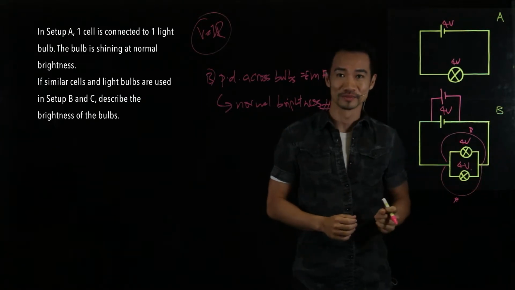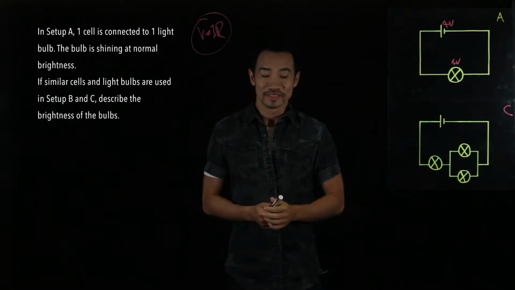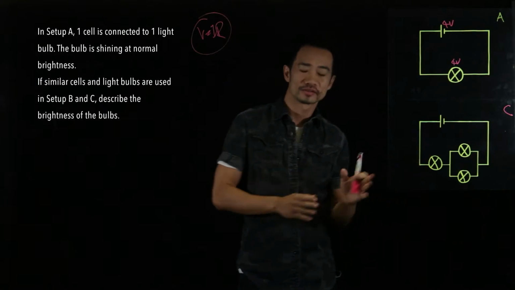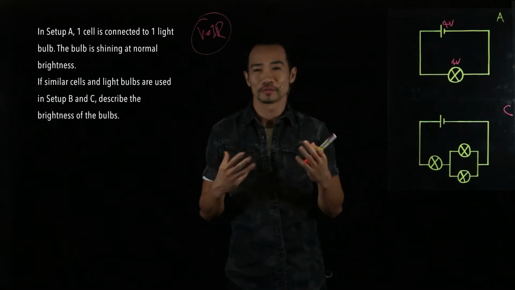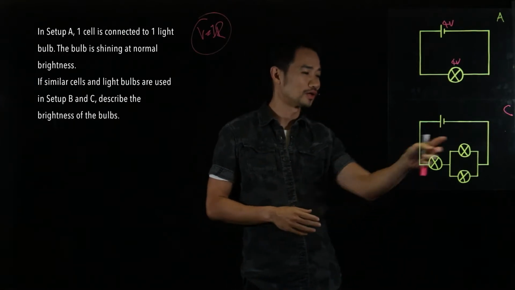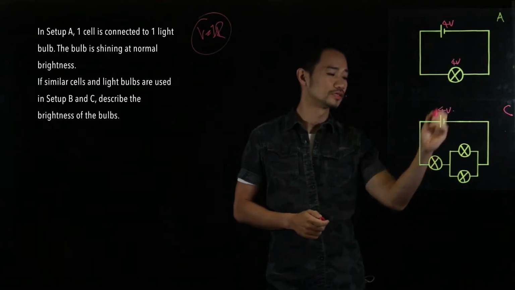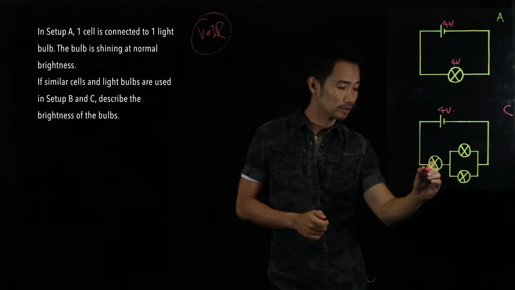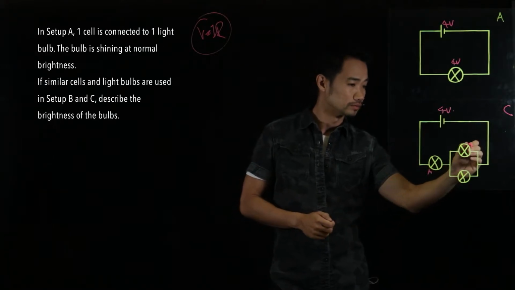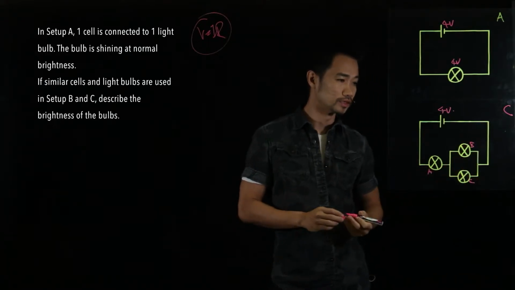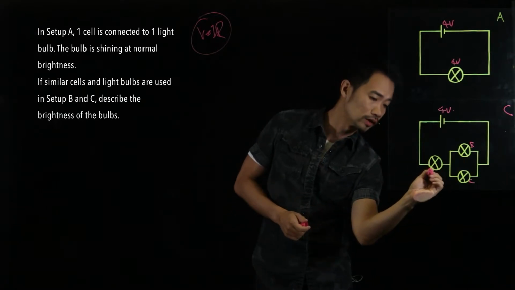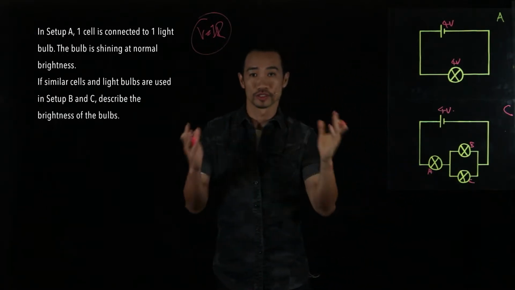Let's see setup C. This part gets a little bit more interesting, because we have 3 light bulbs. Again, let's plug in some figures, and let's call this light bulb A, this is B, and this is C. The brightness of the light bulb is dependent on the potential difference across it.